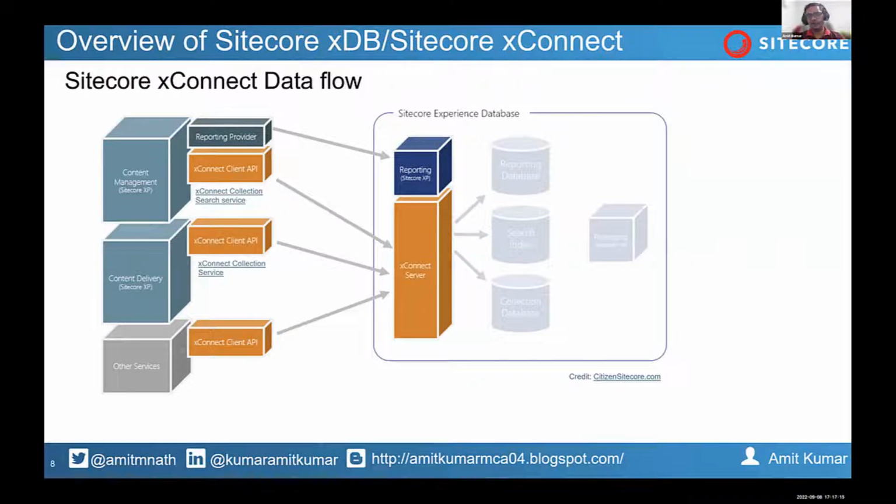But if you are doing an IaaS or PaaS based implementation and you need to access the xConnect API, you need to pass the thumbprint of the xConnect API in your connection string, because the connectivity between the xConnect client API or any requester happens with the help of a thumbprint.